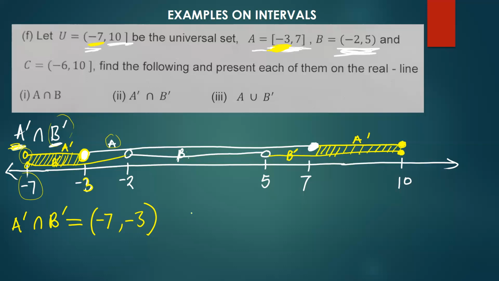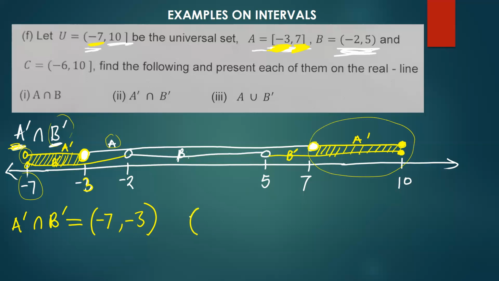And then we also have another set, which is this side. We also have to write it there. We're starting from 7. But 7 is part of set A, so it's not going to be part of our complement.